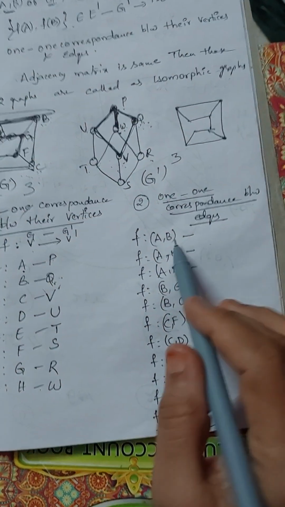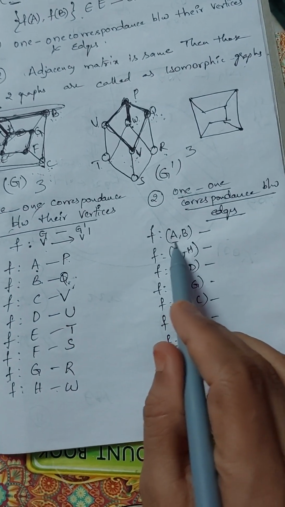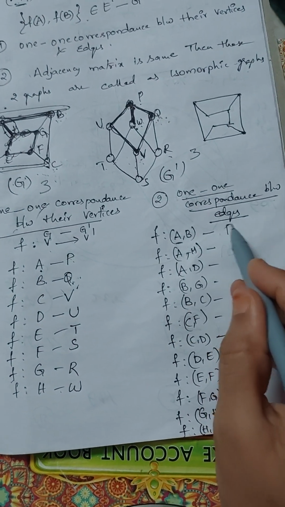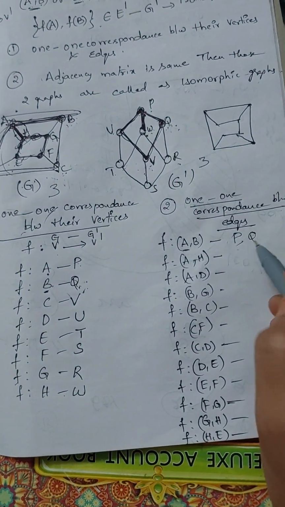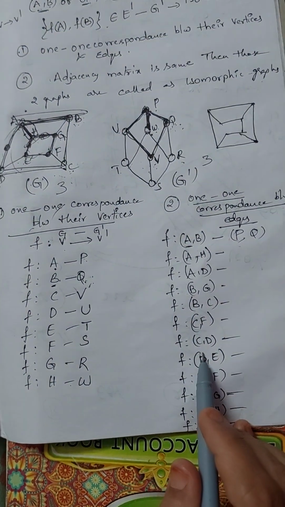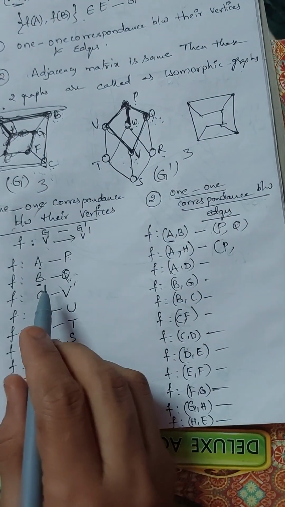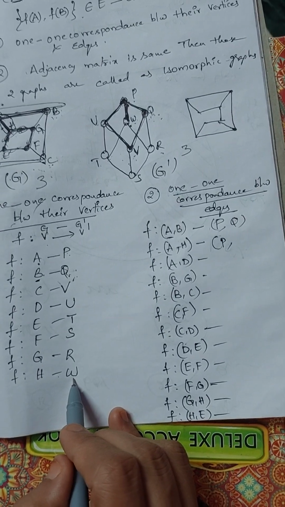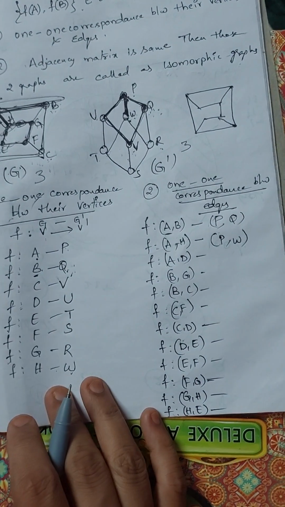So here we are already mapping A to P, right? A is mapping with P, B is mapping with Q. So P comma Q. Similarly, A is mapping with P and H is mapping with W.